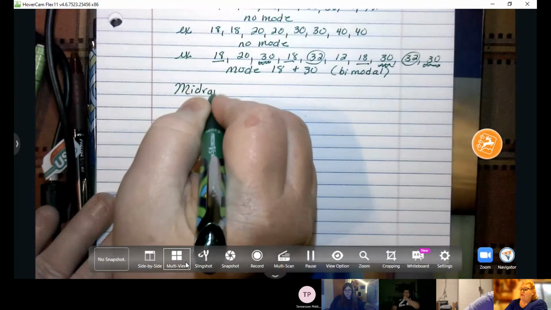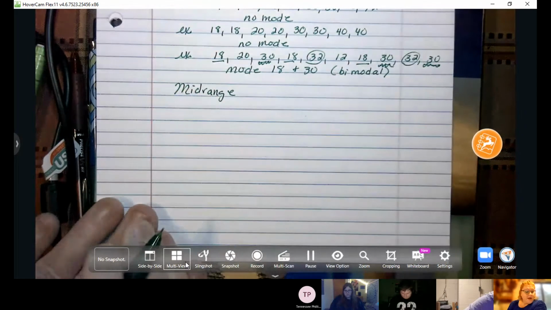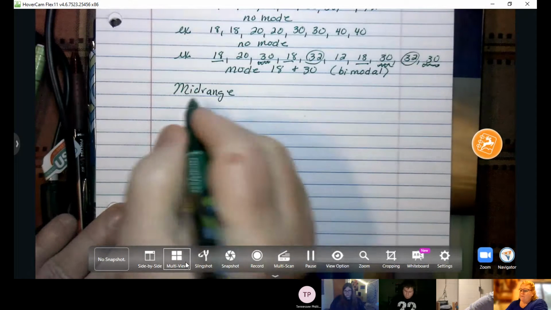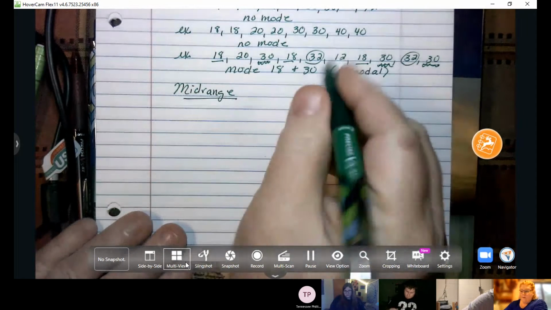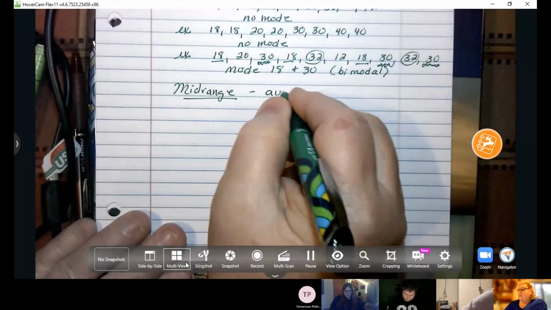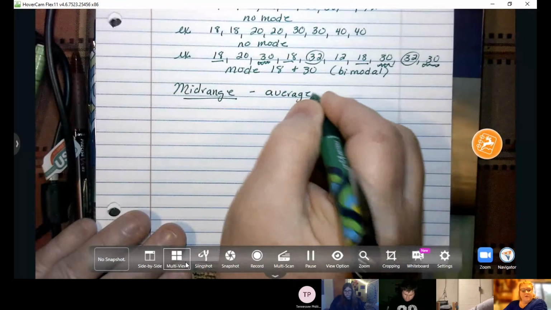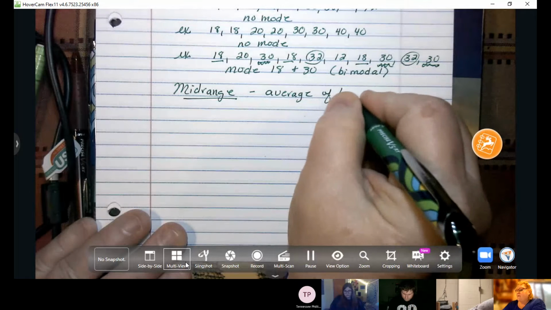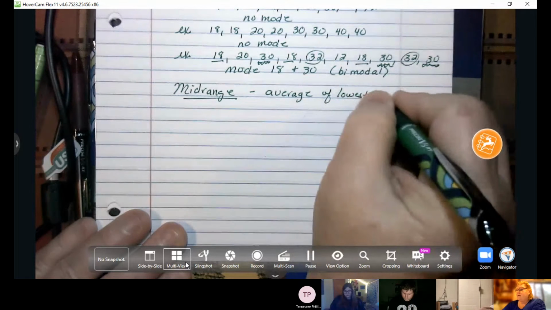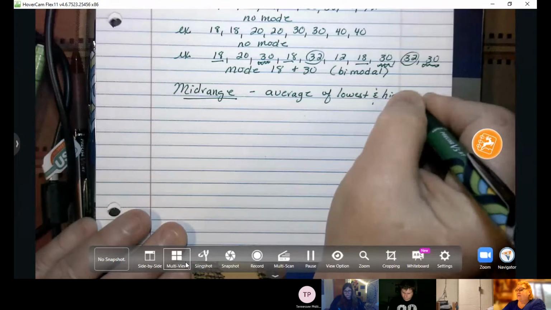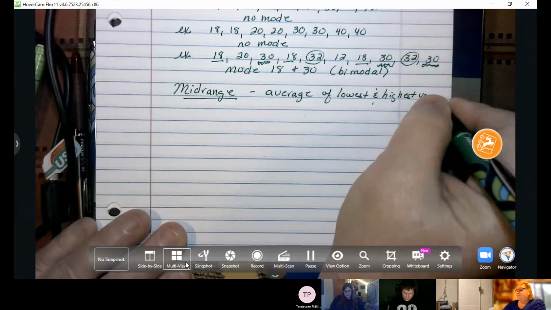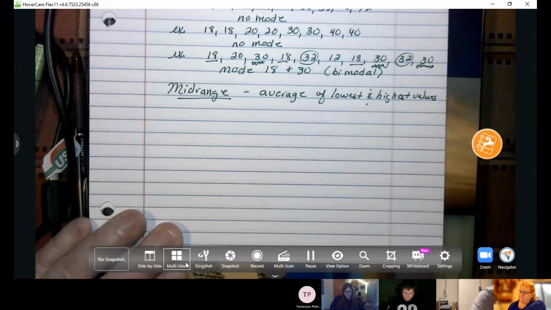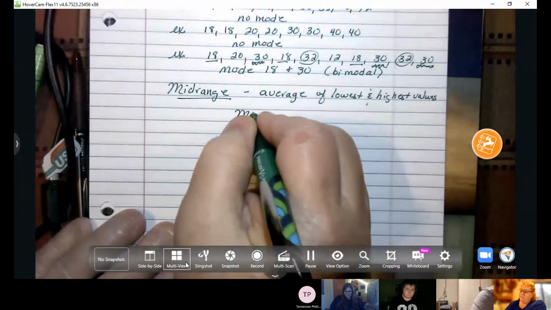Okay, mid-range. This is the calculation for most of you that you probably have not seen before. This is the average of the lowest and highest value, no special symbol.